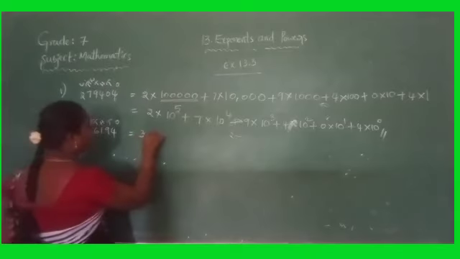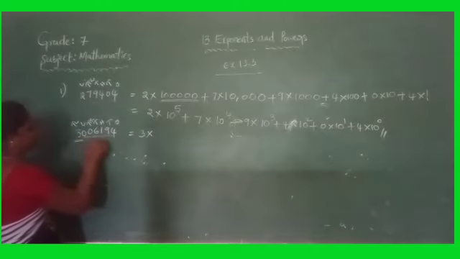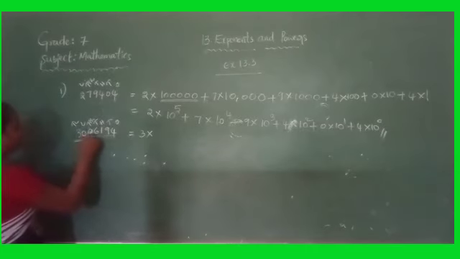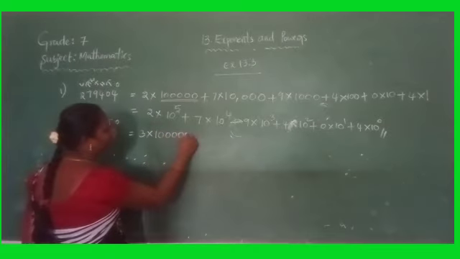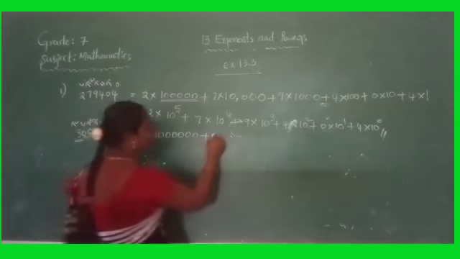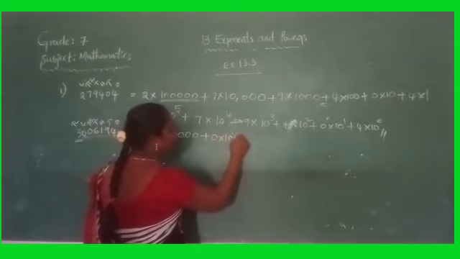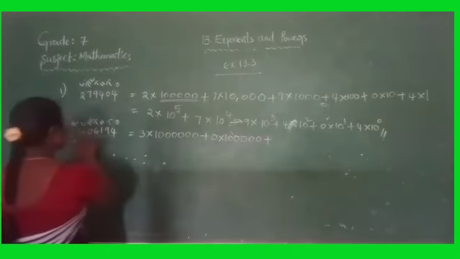So in the expanded form, 3's place value is 10 lakhs, so after 3 you have to write 6 zeros. Next, 0's place value is lakhs, 0 into lakhs, 5 zeros. Next 0.